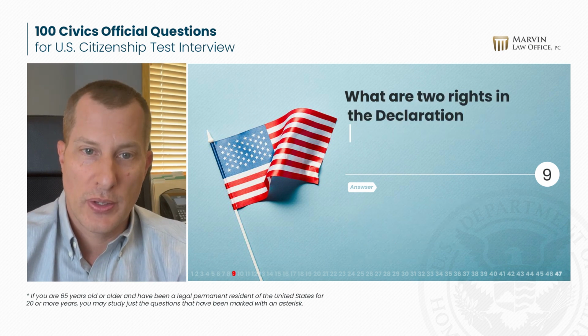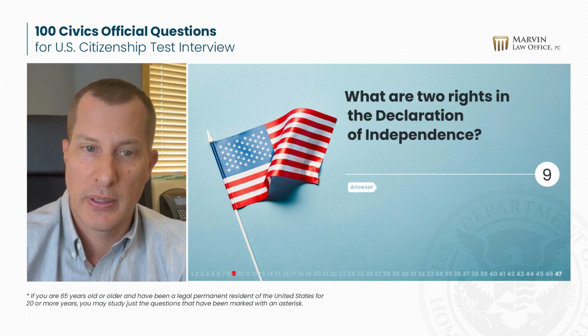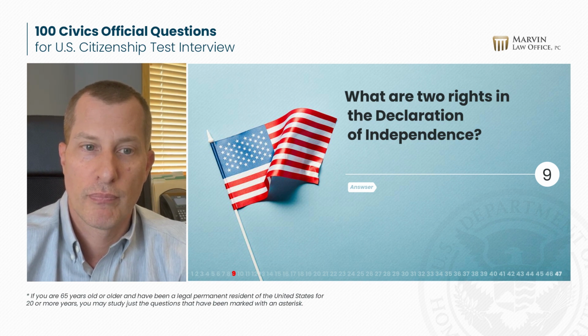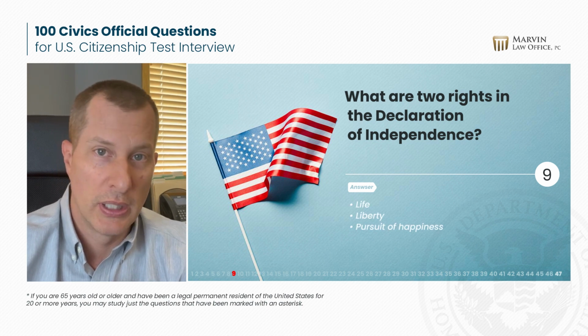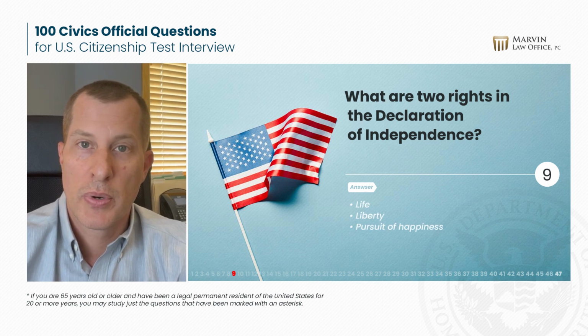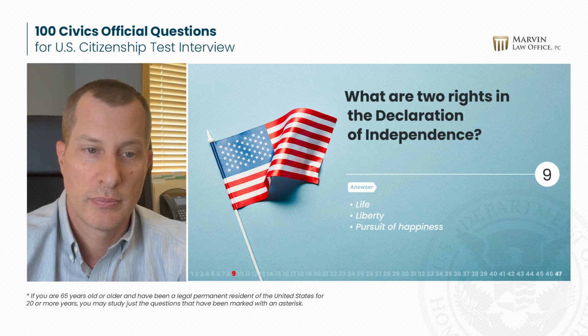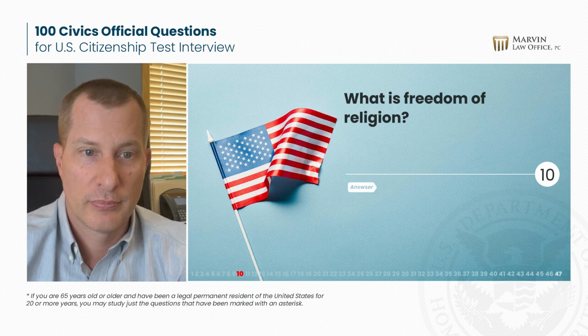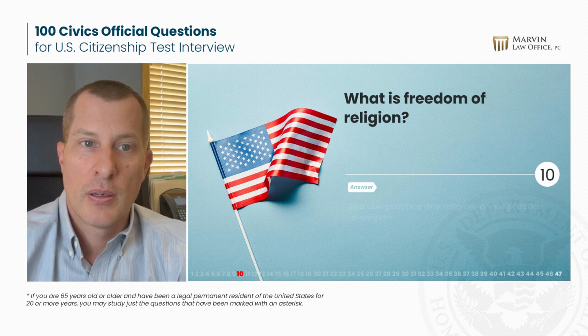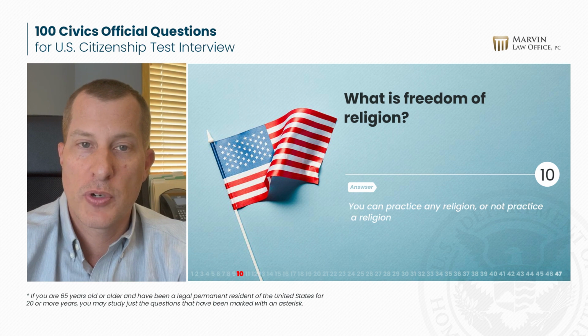What are 2 rights in the Declaration of Independence? Life, liberty, pursuit of happiness. What is the freedom of religion? You have the right or freedom to practice any religion or no religion.